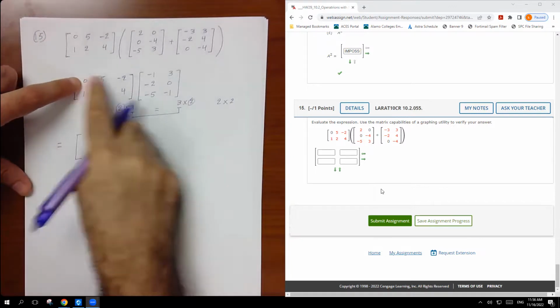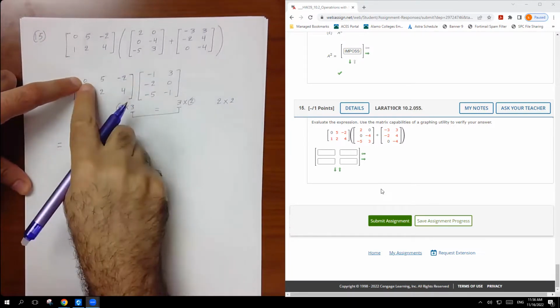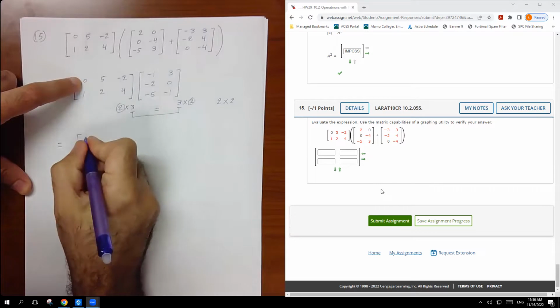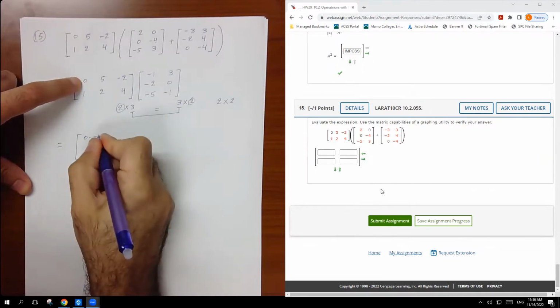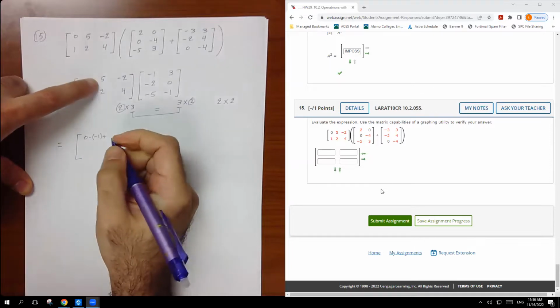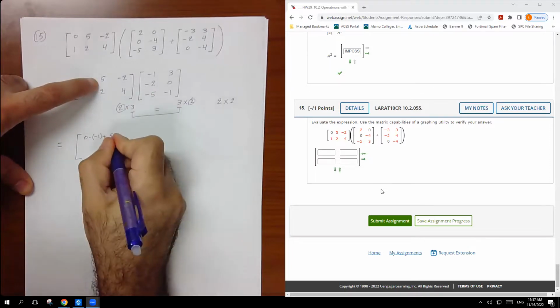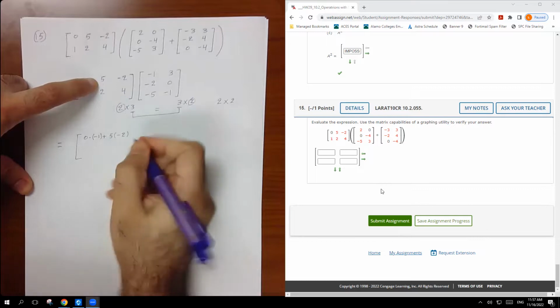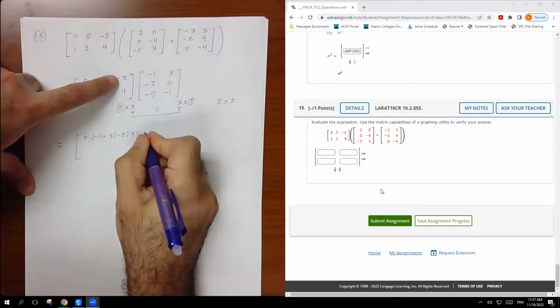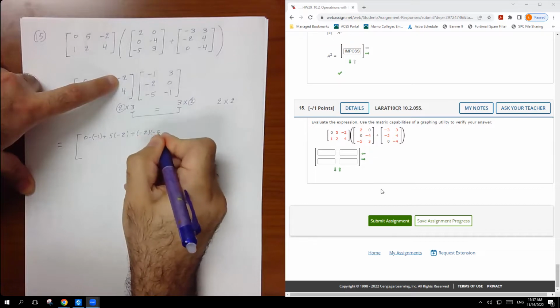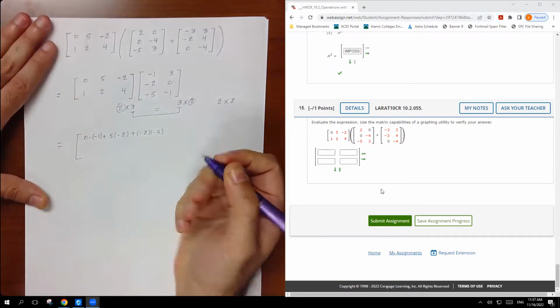So the first row times the first column, 0 times negative 1 plus 5 times negative 2 plus negative 2 times negative 5. Need more space?